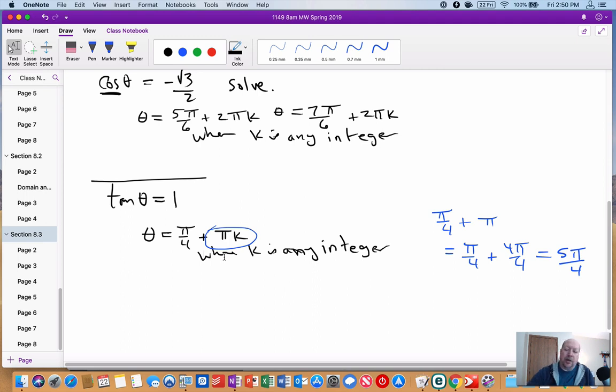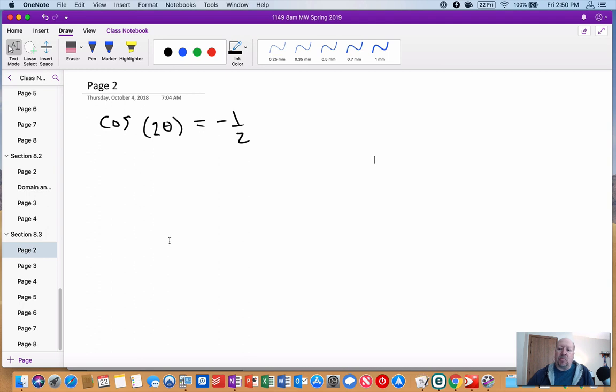Okay, we'll do one more here where we're going to do a general solution. Find a general solution for all angles. Now don't let this fool you that there is a multiple angle in here.